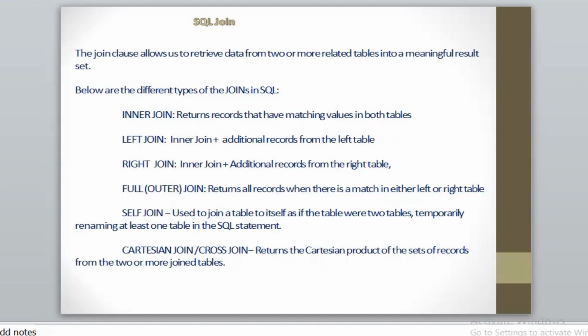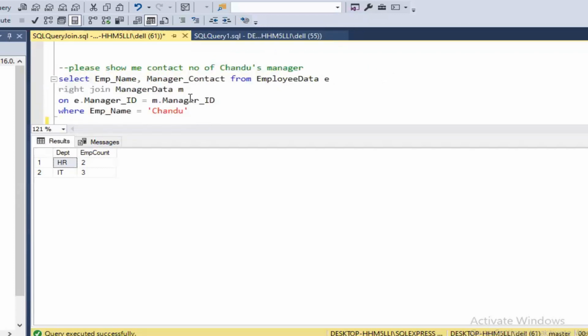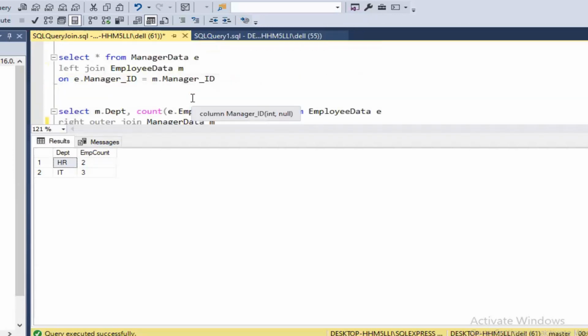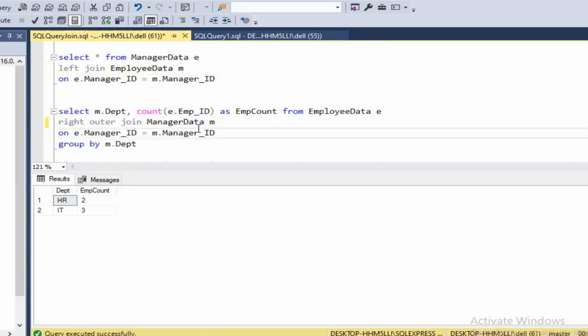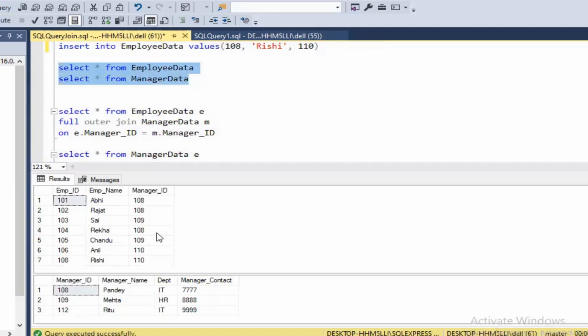Got it? Simple, right? Whatever tables you have, if something is matching with this manager ID and manager ID, 8, 8, 9, 9, 12. 12 is not matching, so 8 and 9 are matching.